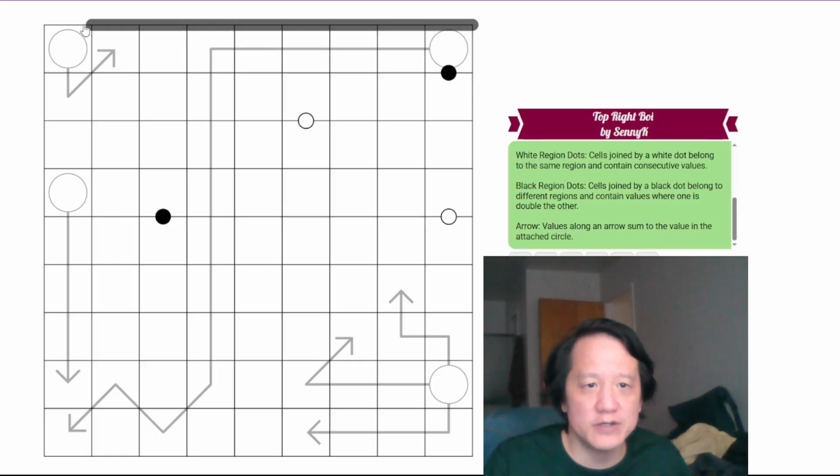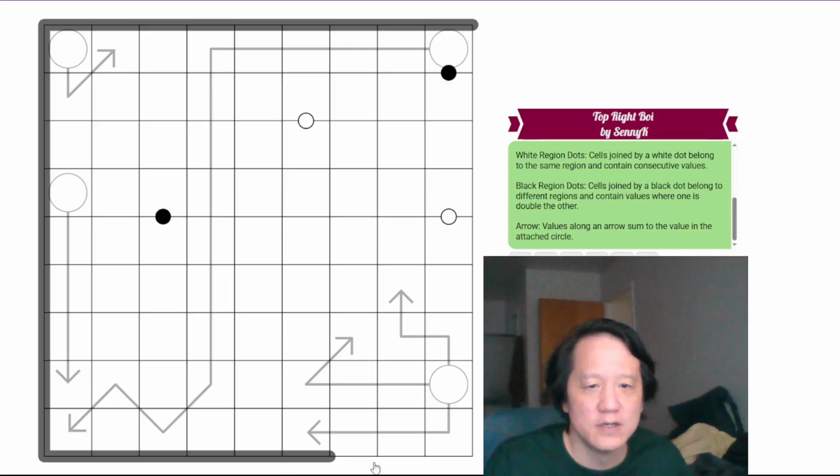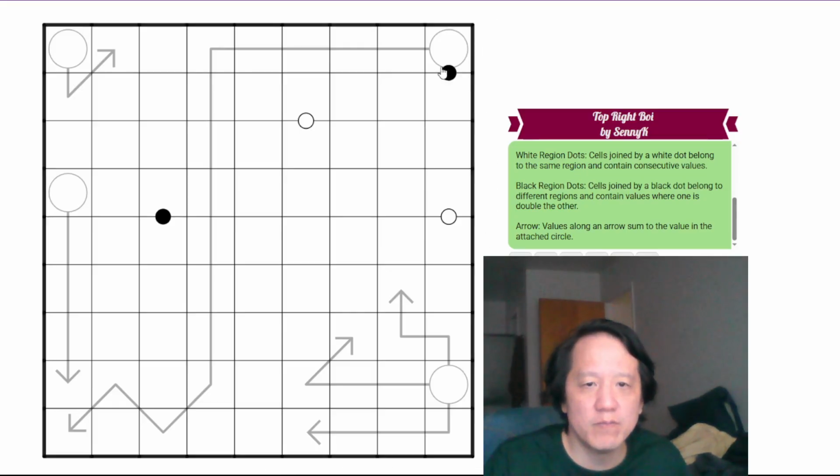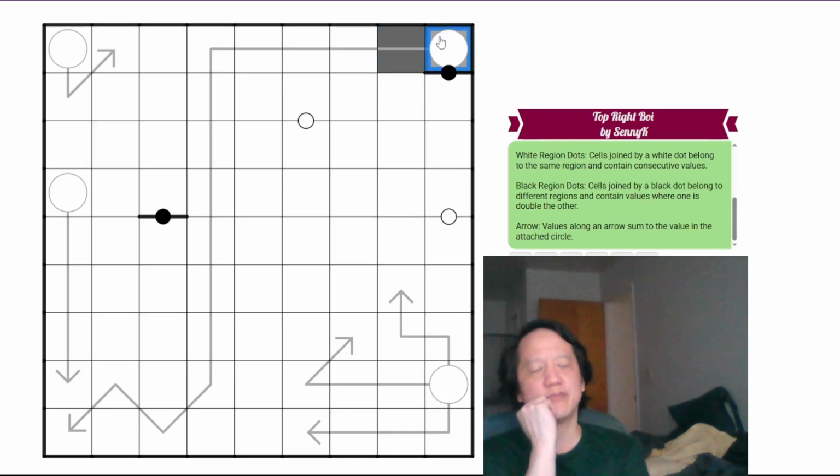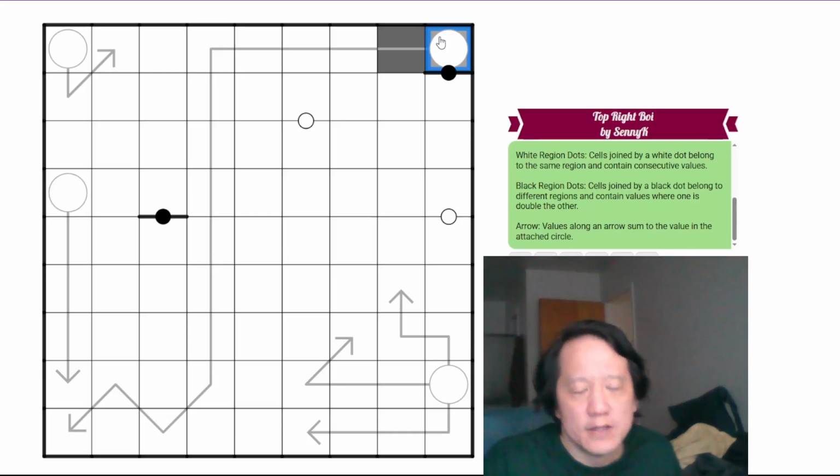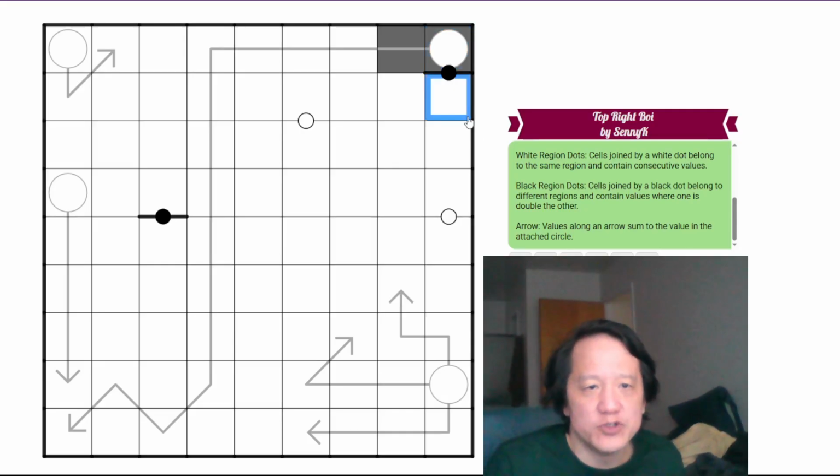Okay, start off. Let's get the boundary. We know black dots separate regions. So this is going to have to go this way as a region, and this is going to be a top right boy. Then the question is, is this going to be a top right boy also? I think the answer is yes.